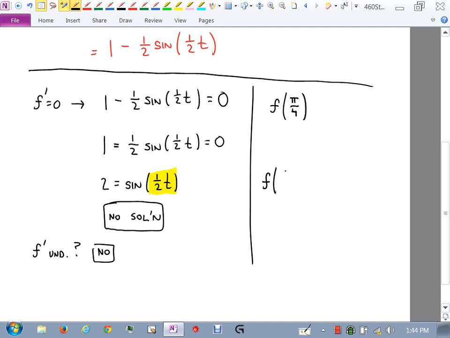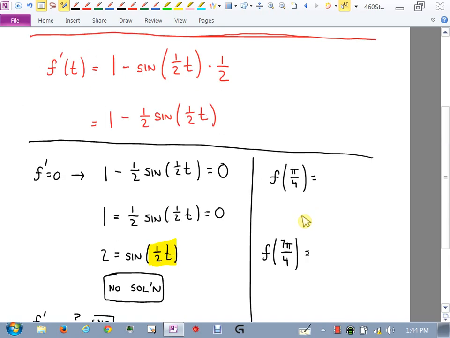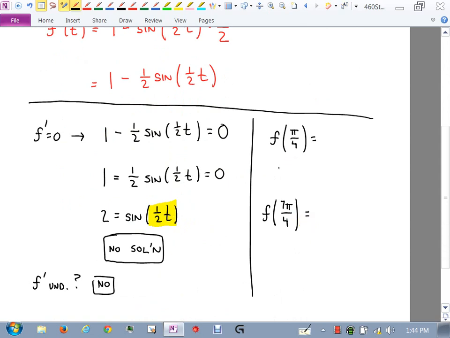Where are these getting plugged in, by the way? The original function or the derivative? Original function. All right. So plug pi over 4 into the original function, and what do you get? Pi over 4 plus cosine of 1/2 times pi over 4, which is pi over 4 plus, I'm out of room, cosine of pi over 8.